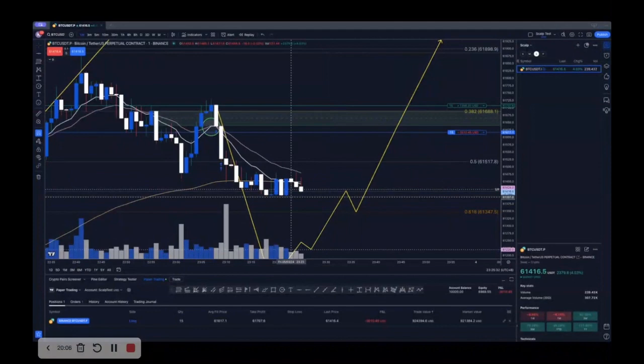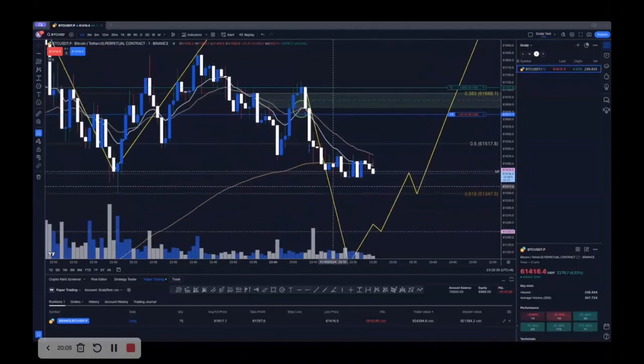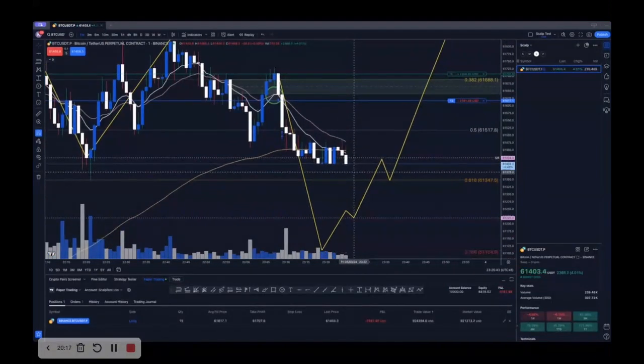But if we close below this zone, that means the selling pressure has won, right? And we have exhausted all the liquidity down here. So we'll see what the market wants to do. Well, it's backing out again, right?